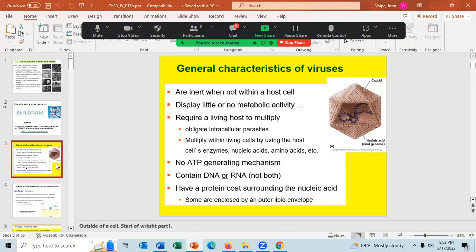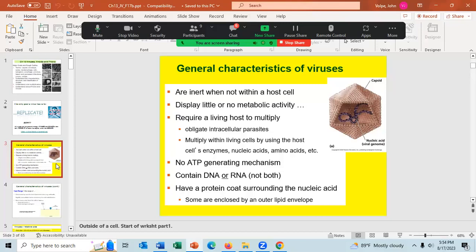They multiply within their host cell, and they use the host cell's machinery and molecules to replicate, meaning they can use the host cell's enzymes, nucleic acid, amino acids, etc. Viruses have no ATP generating mechanism.